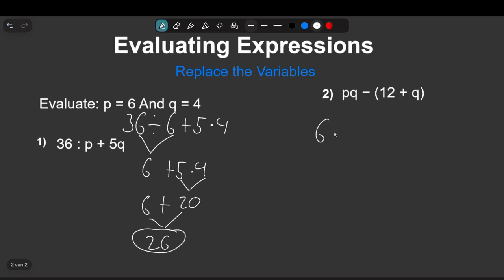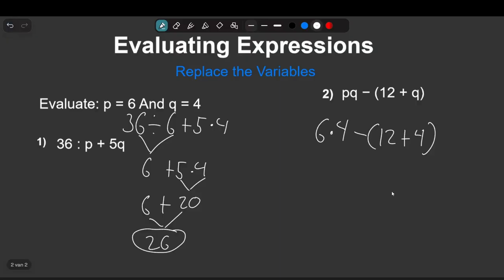So we're going to do 6 times q, which is 4. So 6 times 4 minus, in parentheses, 12 plus q again, which is 4. This will be our problem we're going to solve.